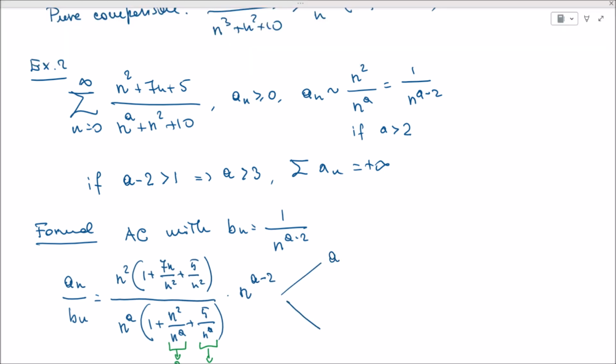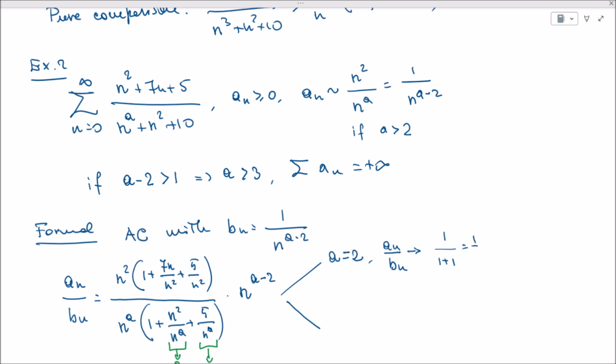Suppose that a is equal to 2. Well, if a is equal to 2, an over bn clearly will tend to 1 on top and will tend to 1 plus 1 below, right? Because in this case a is equal to 2.